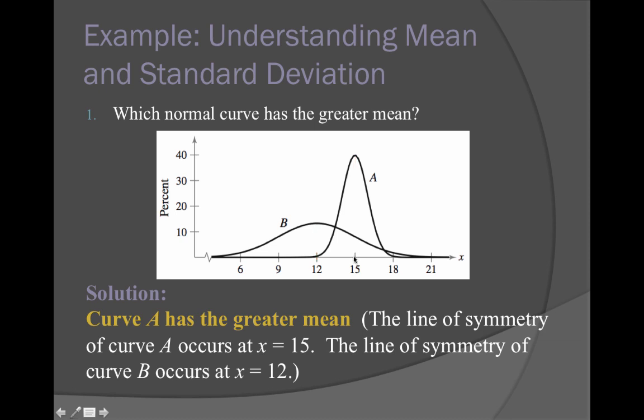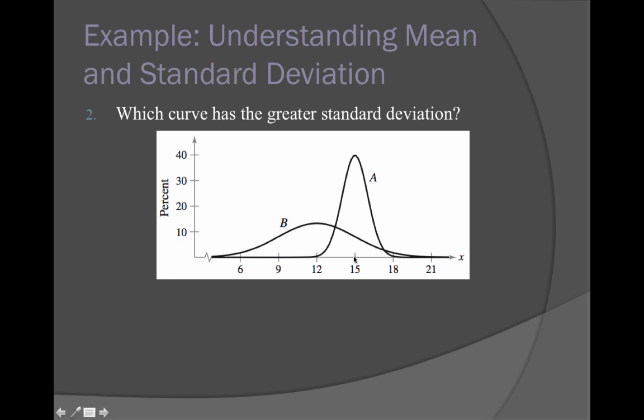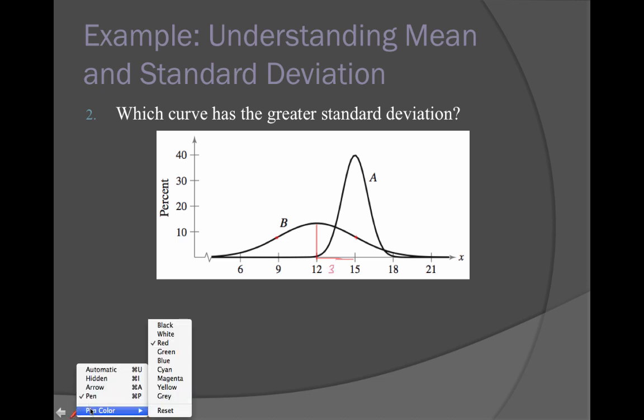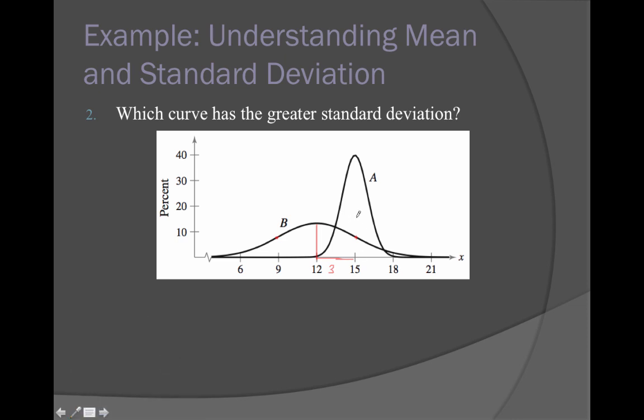Which curve has the greater standard deviation? Well, notice here's an inflection point for B, here's an inflection point for B. Given the mean, we can see that the standard deviation is roughly 3. Let's change our color for curve A here.